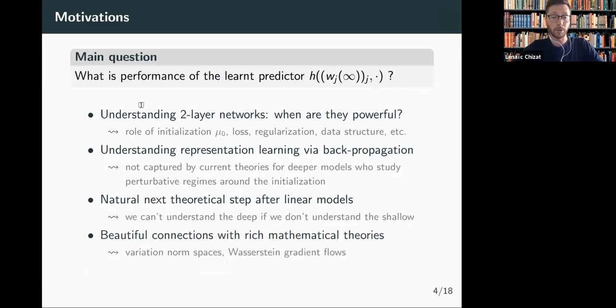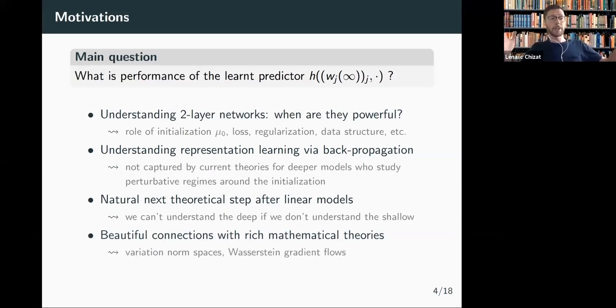So of course, it's important to understand 2-layer neural networks. We want to understand when they're powerful and the roles of the initialization, the choice of the loss, whether we have regularization or not, and for which type of data they can perform well or not. But more generally, I think that 2-layer neural networks are a very good test case to understand the phenomenon of representation learning via backpropagation or via a gradient-based algorithm.